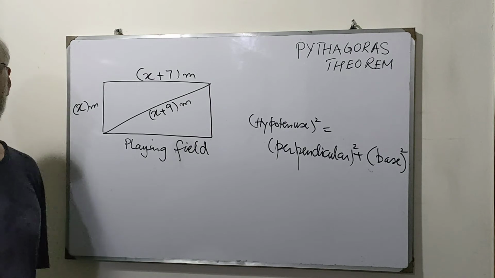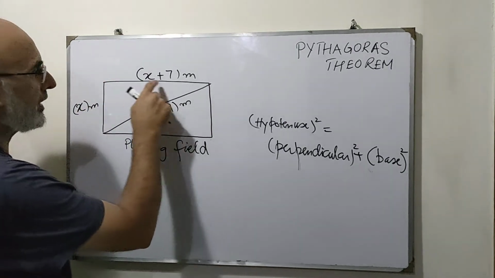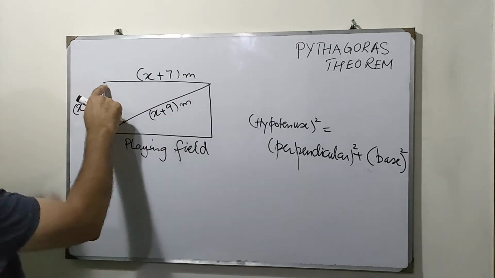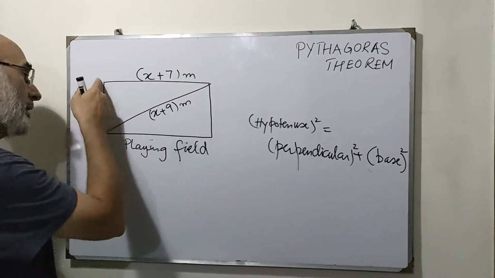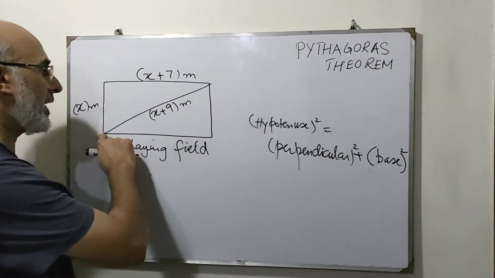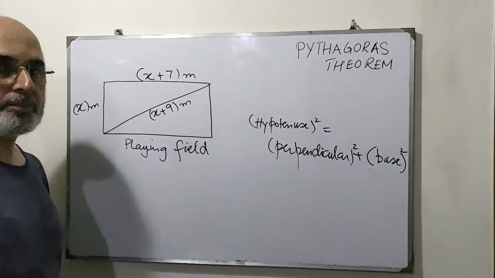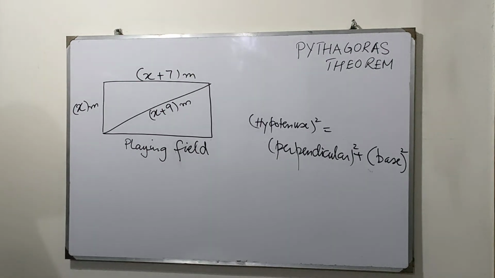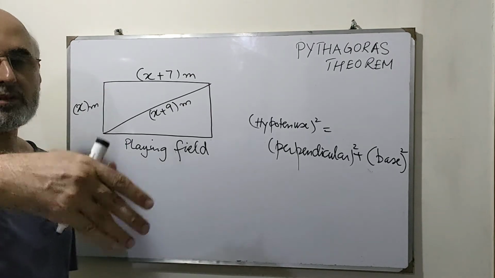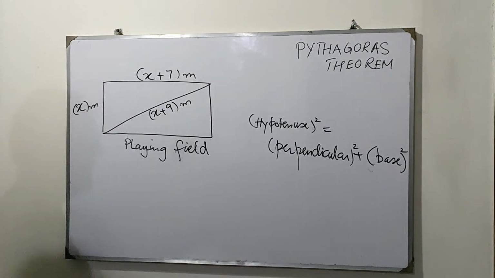What we know is that this is a rectangular shape, so the length of the rectangle is x plus 7 meters, the breadth of the rectangle is x meters, and the diagonal is x plus 9 meters. So we have to find the sides of the rectangle, so we can say each side of the rectangle is this much.